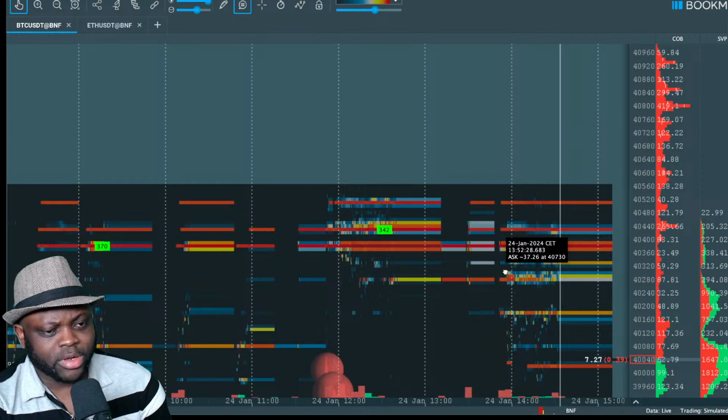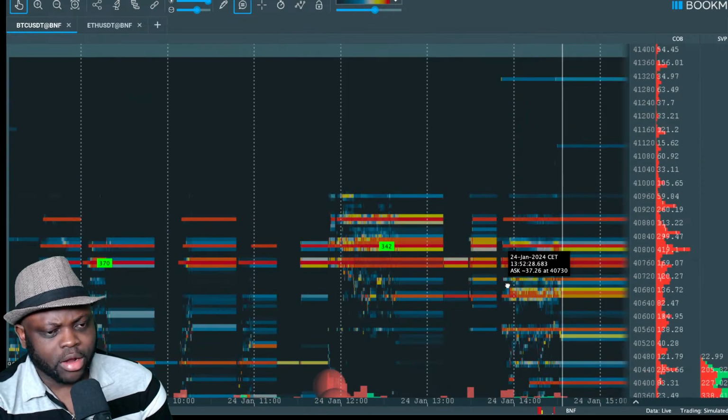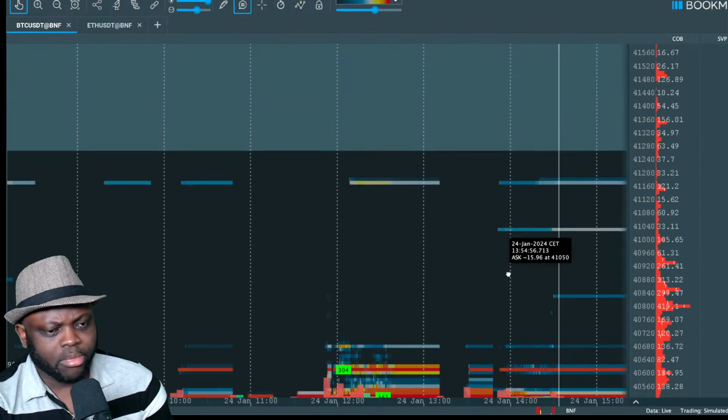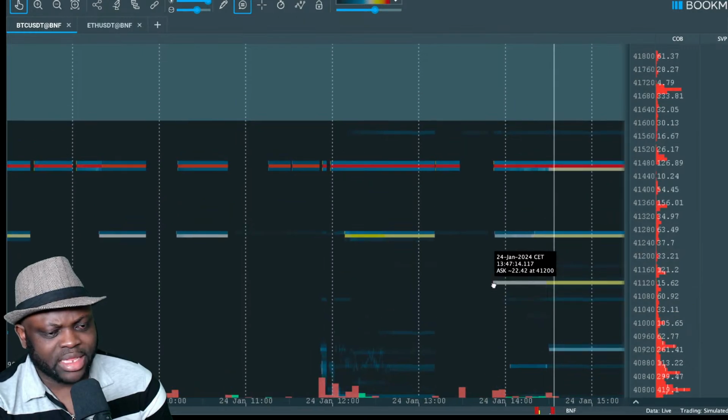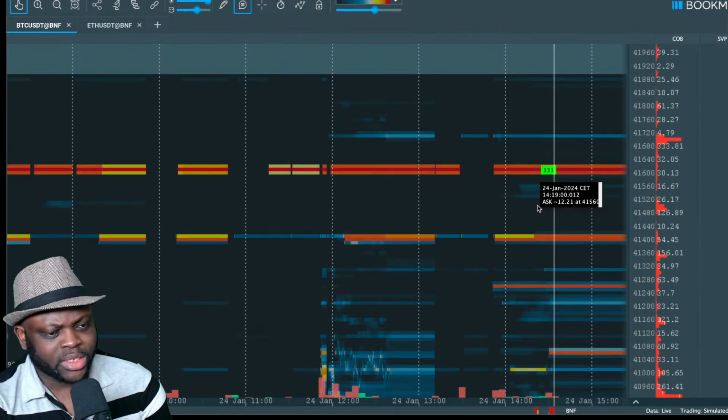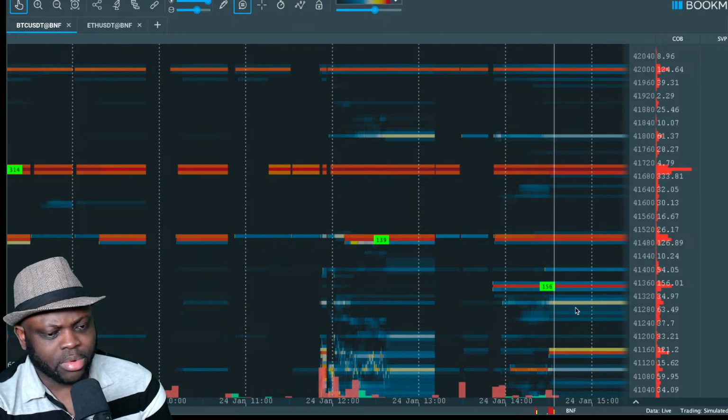Let's move upward to see if we have more. After that, the next area where we have liquidity is, okay, it has been moved here to 152 and 56 Bitcoin at $430.